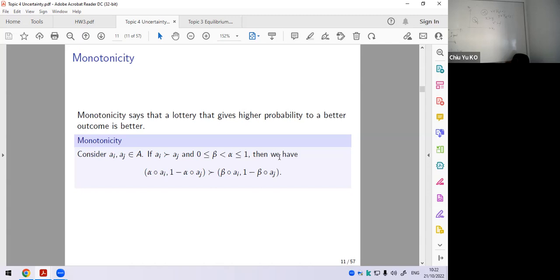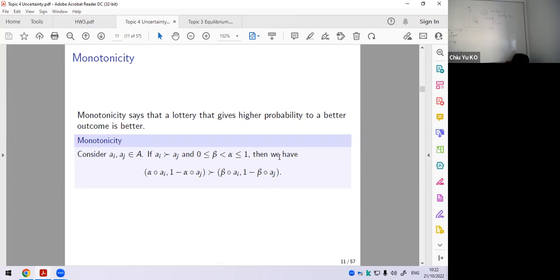And take numbers alpha bigger than beta. What we say here is very simple, and I think no one will disagree: you prefer AI over AJ, and if you have a higher probability of getting the better outcome than a lower probability of getting it, you prefer the former. Because you like AI more than AJ and alpha is bigger than beta.